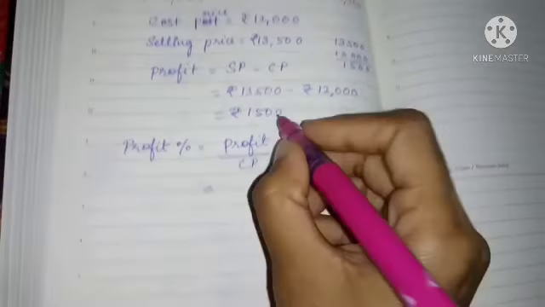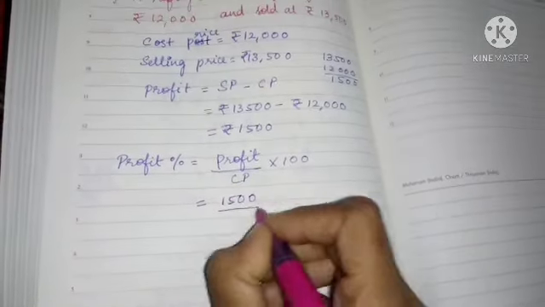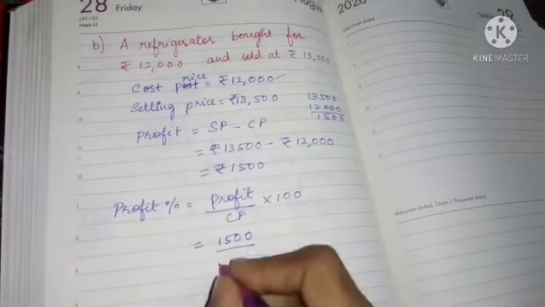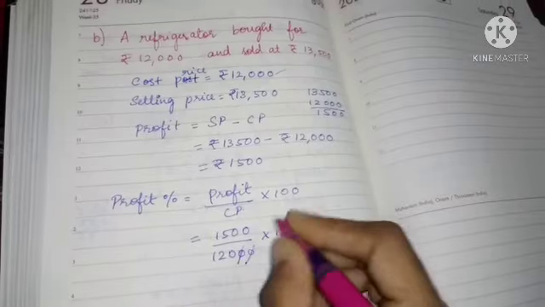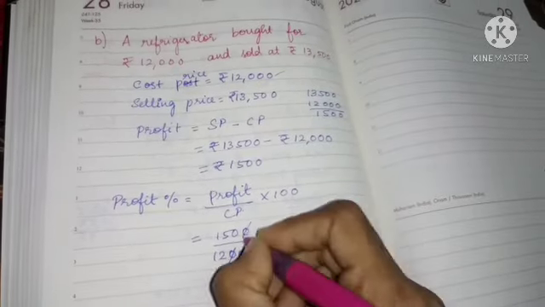So what is the profit value? 1500 divided by cost price, 12,000, into 100. Zeros cancel.